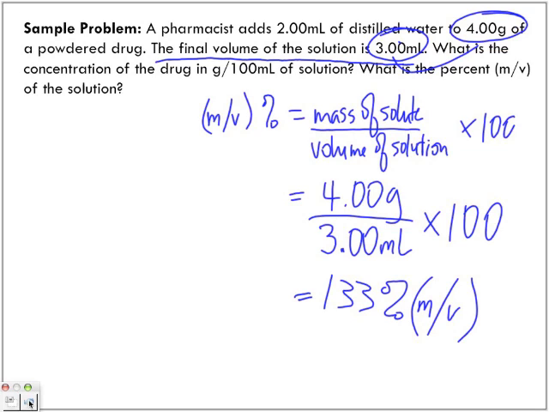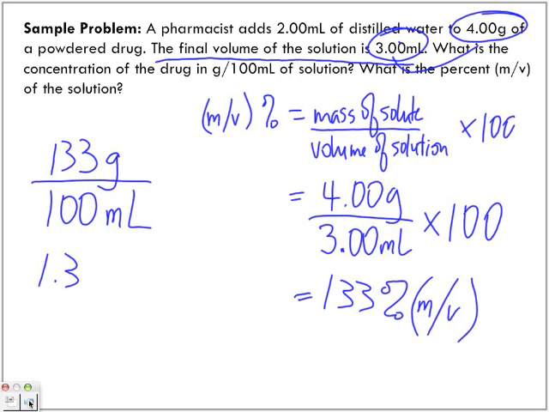Or mass per volume. Now, this 133% can be written as follows: 133 grams is going to be dissolved in 100 milliliters of solution. If we divide these two, we get 1.33, and when we convert this to a percent, we multiply it by 100.